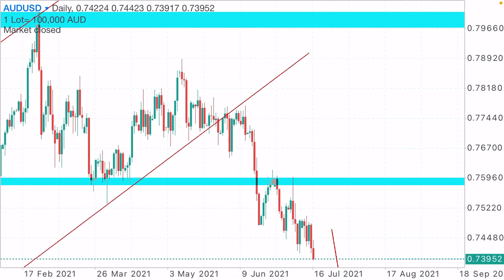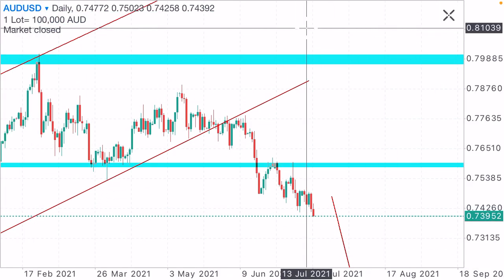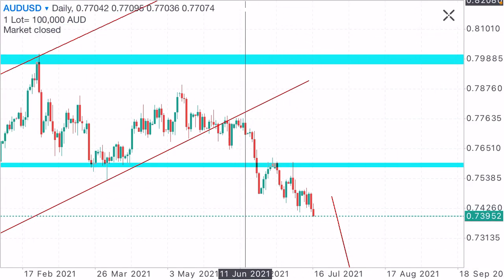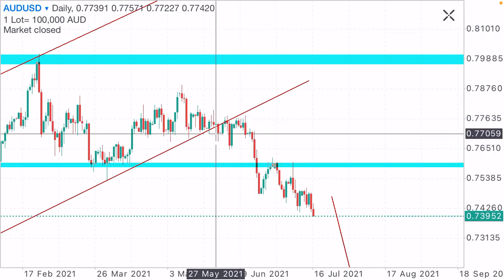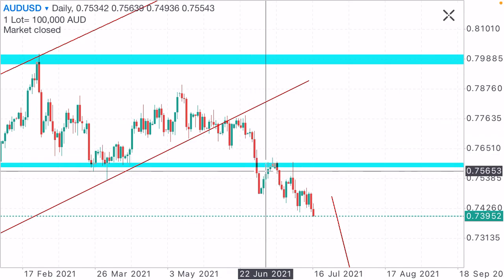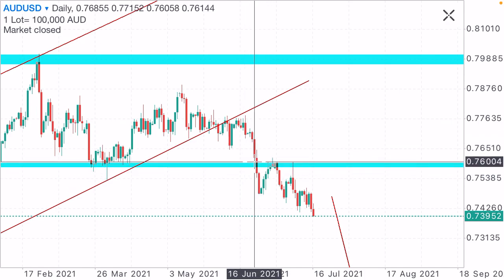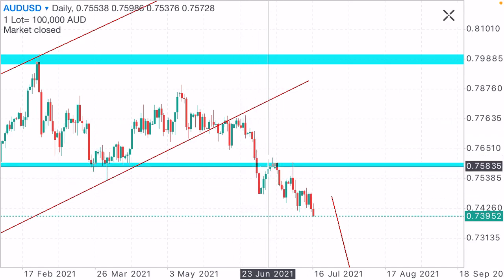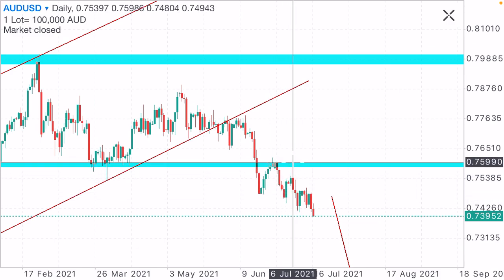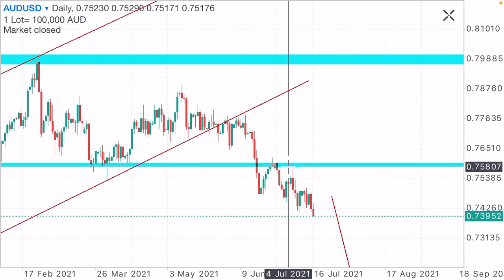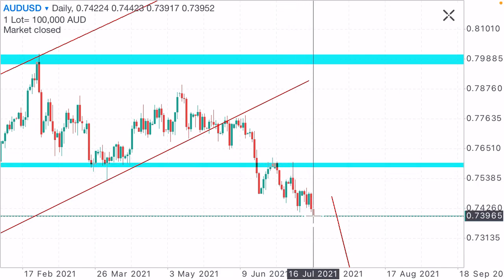As you can see, we had a breakout and a strong impulse move out of this channel. It broke this demand zone, tested it, came down, price tried to push up, and the buyers were so weak, and the sellers took over and pushed it down.